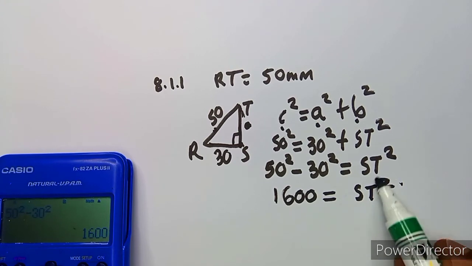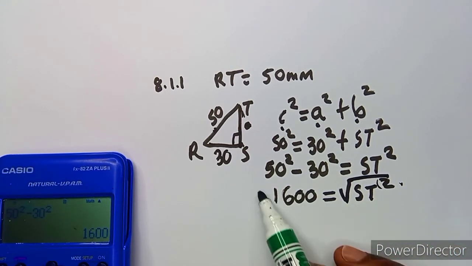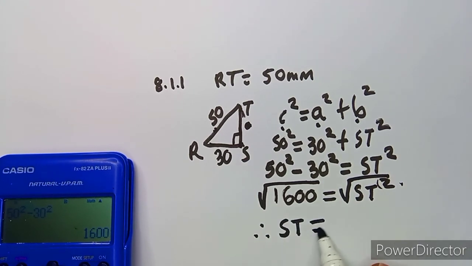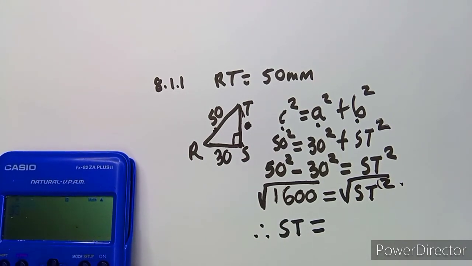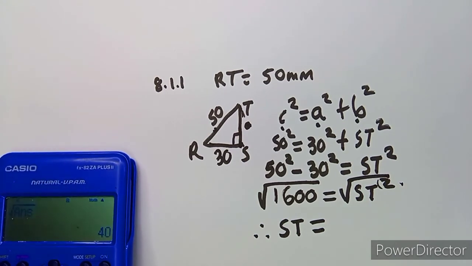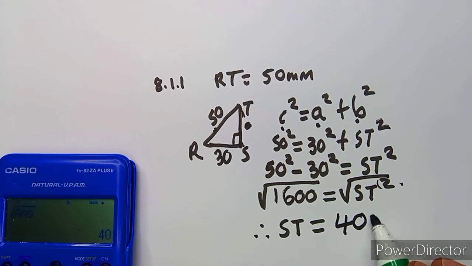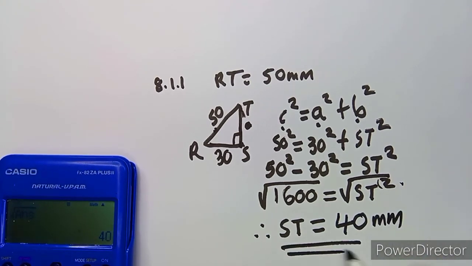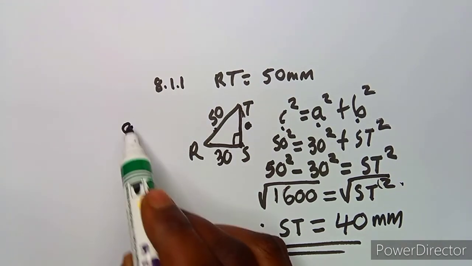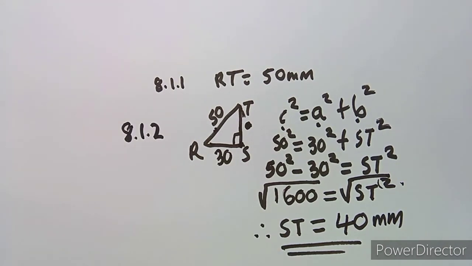To find ST, since there's a square, you introduce the square root. So ST is the square root of the answer, which gives you 40 millimeters. This is the value of ST on 8.12.